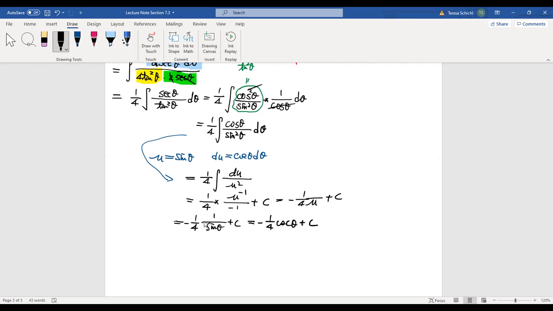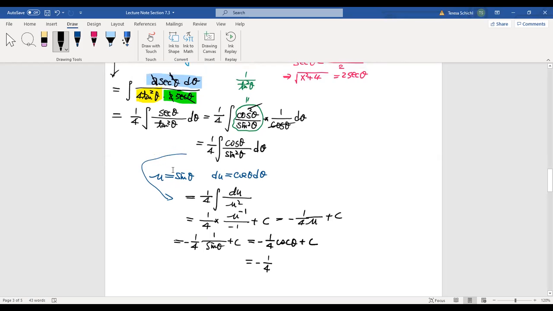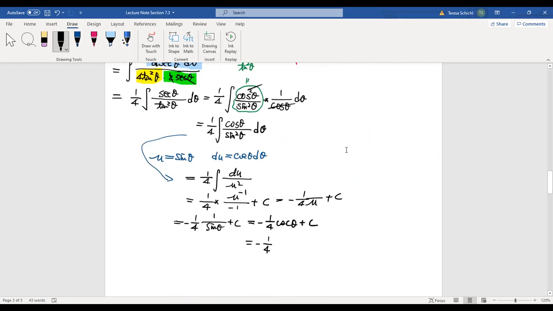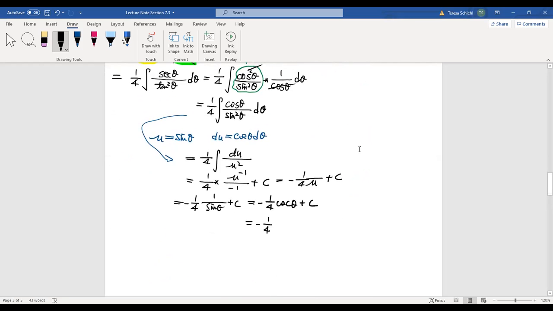But we need to change everything back to x. Let's see what the cosecant is. So go back to my triangle here. Sine is opposite over hypotenuse. So cosecant will be hypotenuse over opposite, right? So what is the final answer here? It will be hypotenuse over opposite.